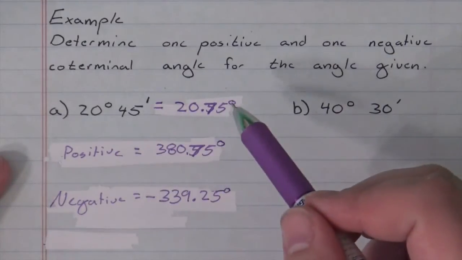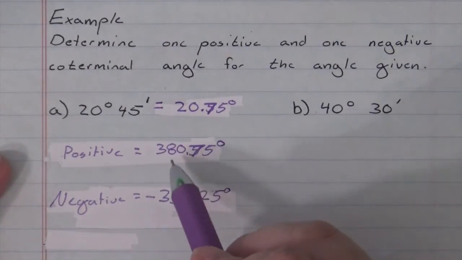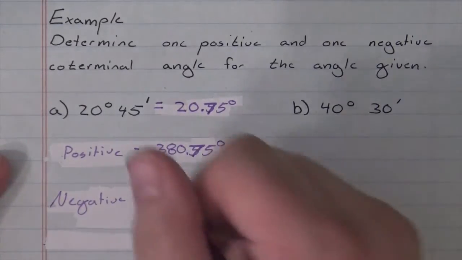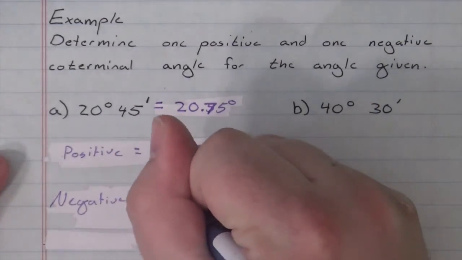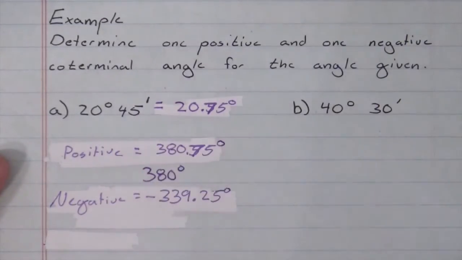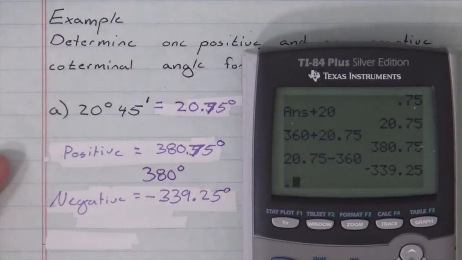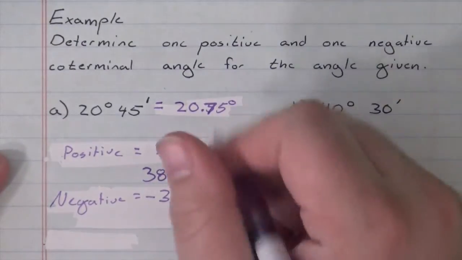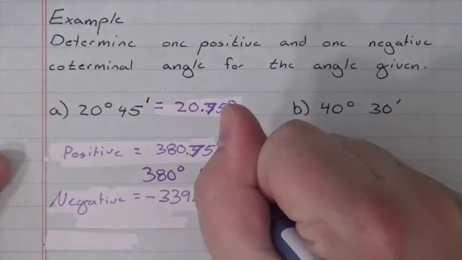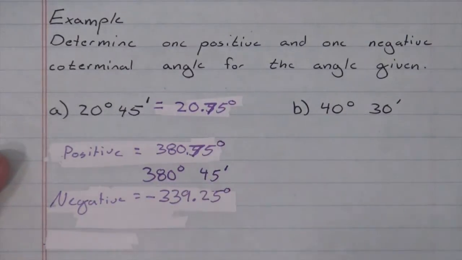Now, this is good enough at this point, but let's put it back into minutes like we normally do. 380.75 degrees is really 380 degrees, and we need to change that 0.75 by multiplying it by 60, and we get 45 minutes. Now let's do our negative.